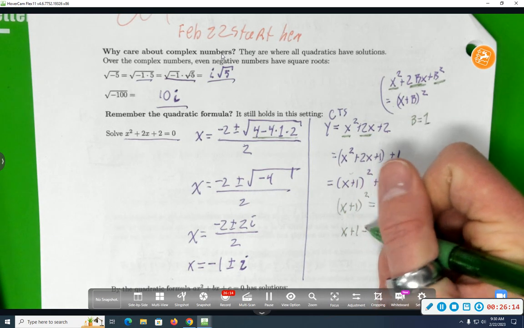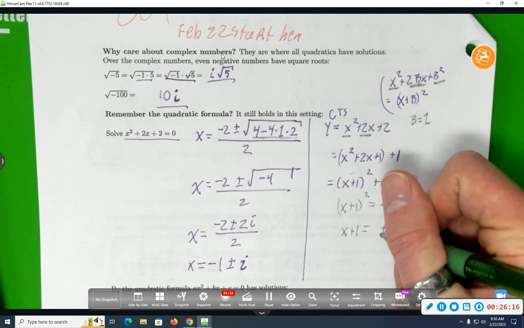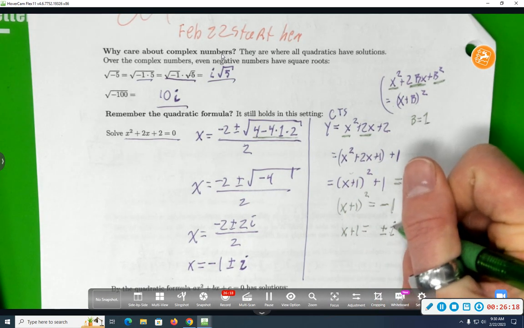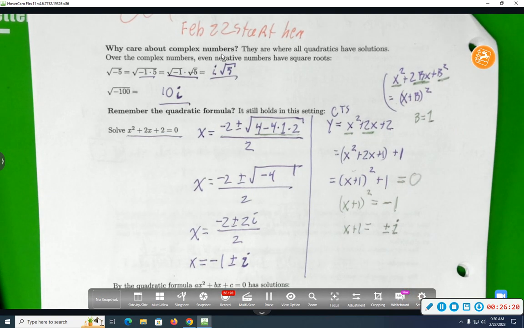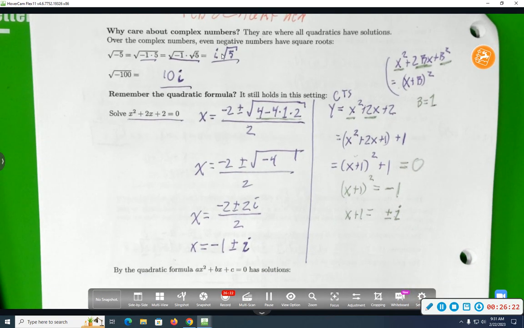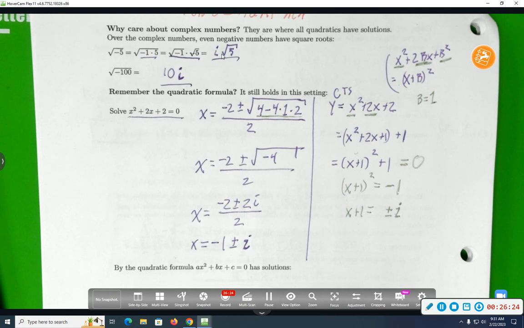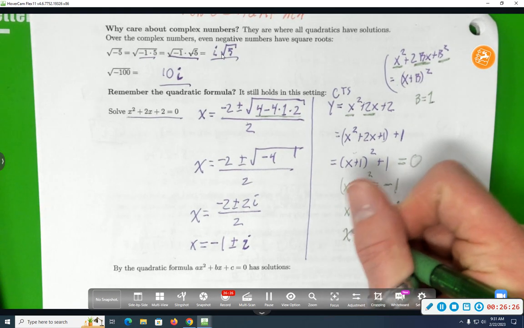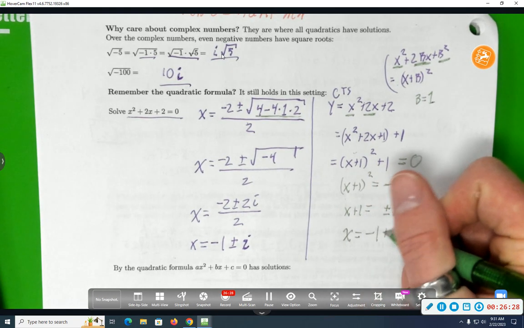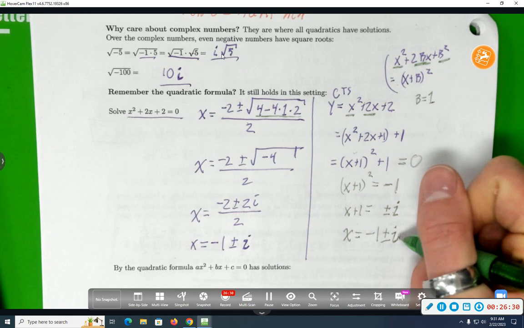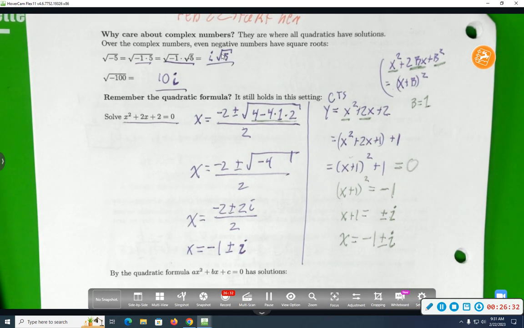X plus 1 equals plus or minus i. And what should I do next if I want to get x on its own? Subtract 1 from both sides. Oh, neat. Does that give the same answer? Yeah.